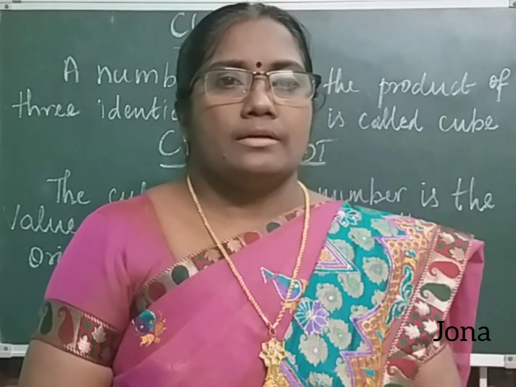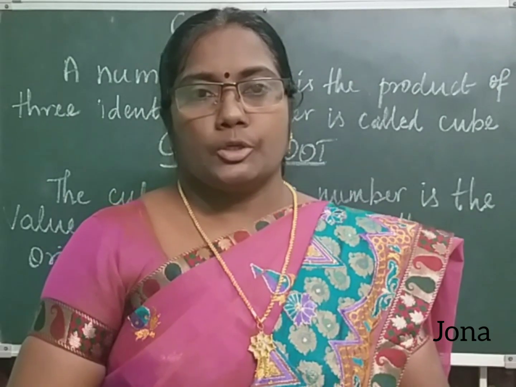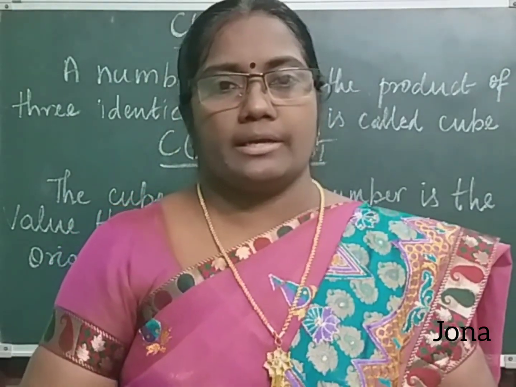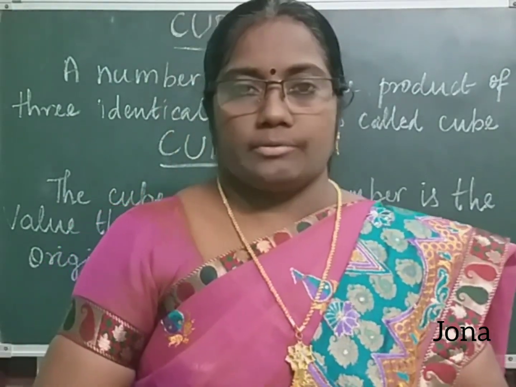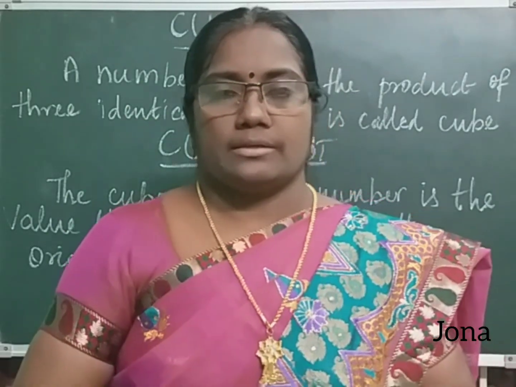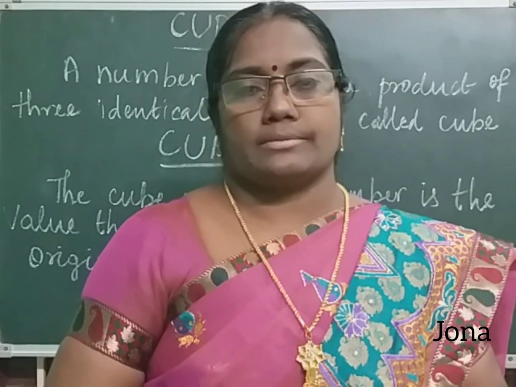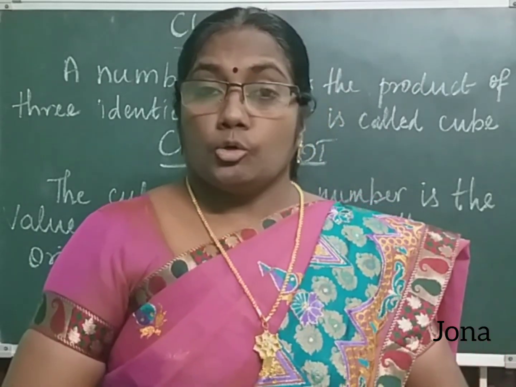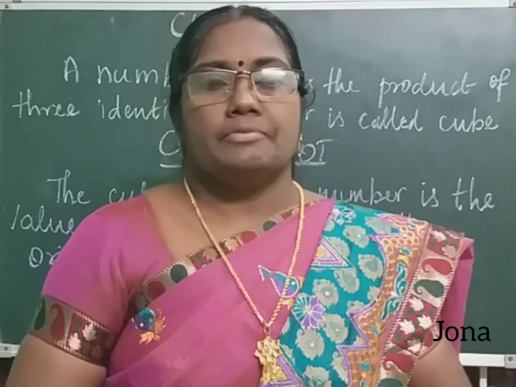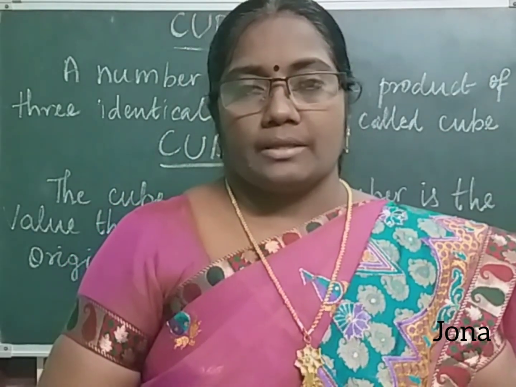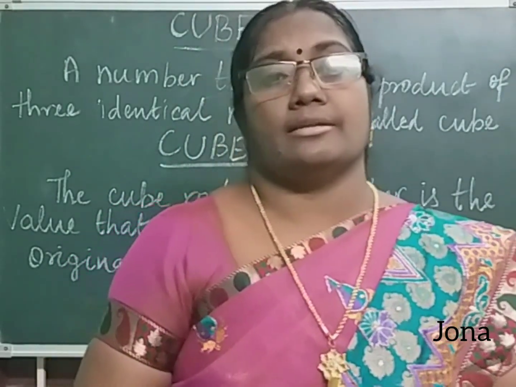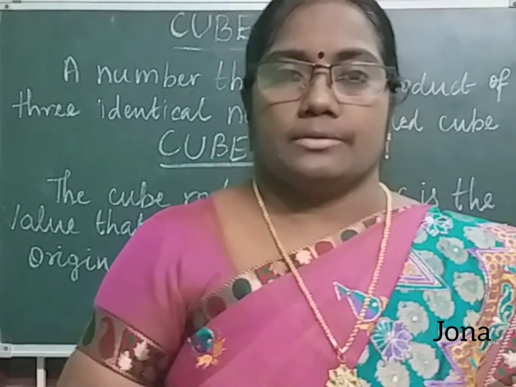Hi children, today we are going to see about cubes and cube roots. We know about squares and square roots, isn't it? A number multiplied by the same number is called a square. And a cube is a number which is multiplied by itself and again by itself.